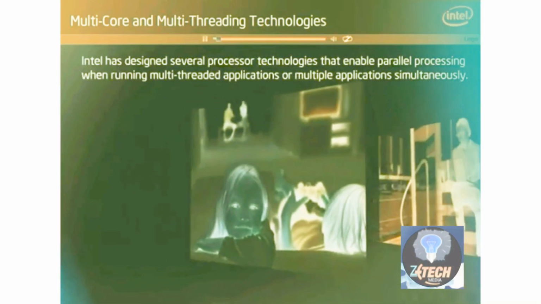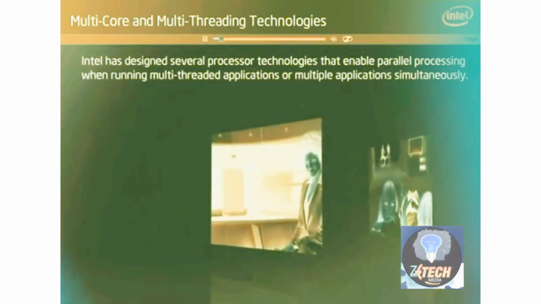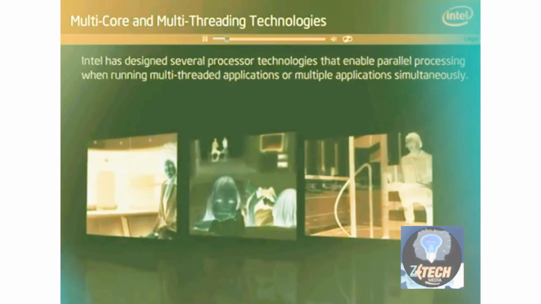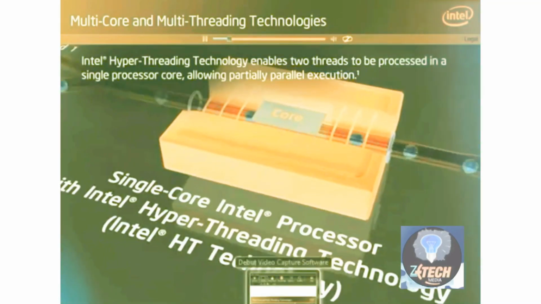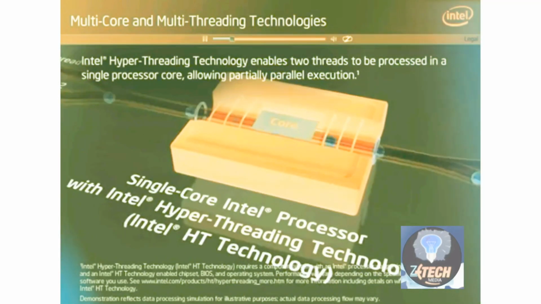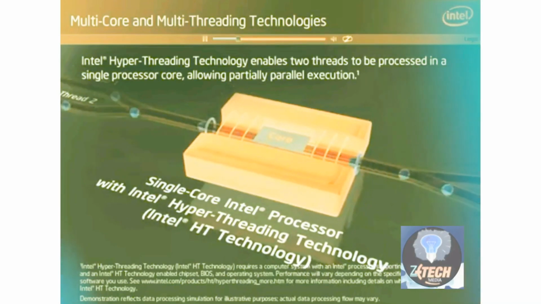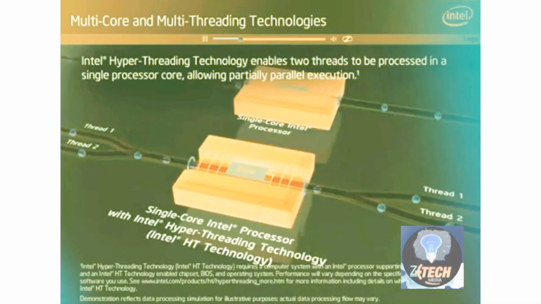Intel has designed several processor technologies that enable parallel processing when running multi-threaded applications or multiple applications simultaneously. Intel's hyper-threading technology enables 2 threads to be processed in a single processor core, allowing partial parallel execution.